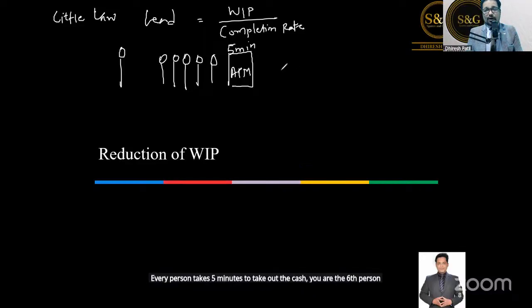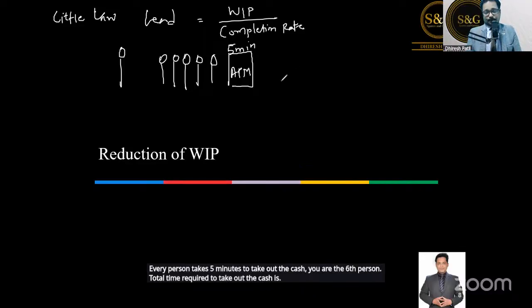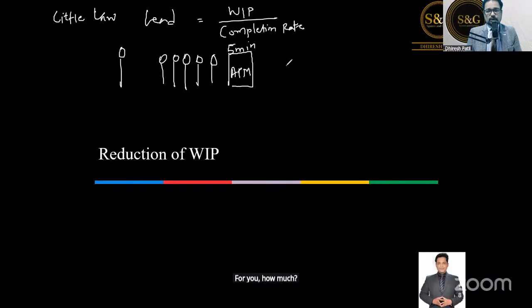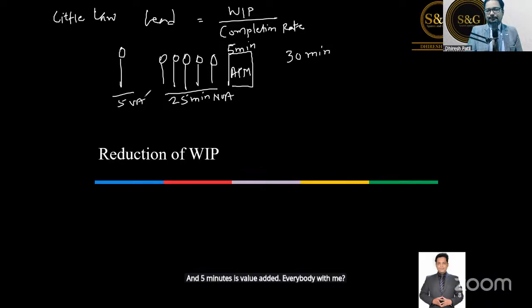Total time required for you is how much? 5 into 6, 30 minutes total, out of which 25 minutes is waiting time, which is non-value added, NVA, and 5 minutes is value added. Everybody with me? Clear?